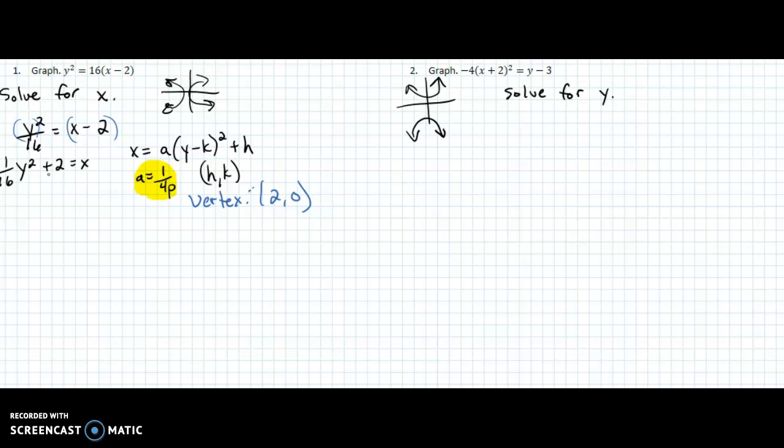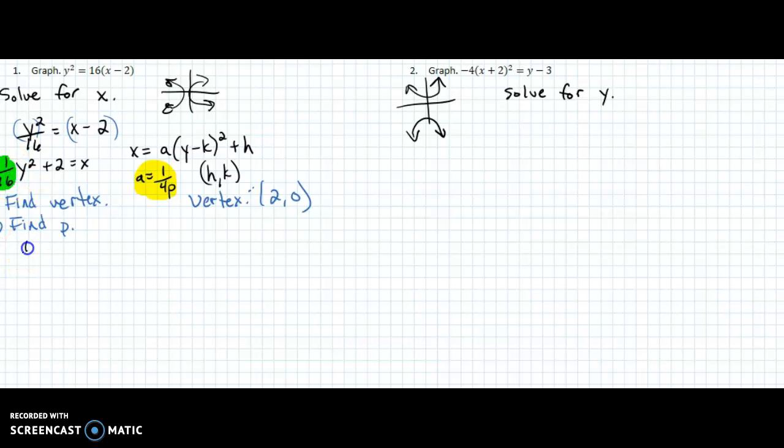Then after you find the vertex, you have to find p. So we'll say find vertex, and then we're going to find p. And this is confusing, and it's really tough to understand. It's not terrible just to push through because it's a simple algebra problem. But a is equal to 1 over 4p, so a is this number here.